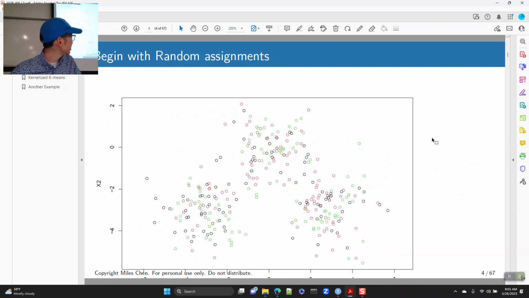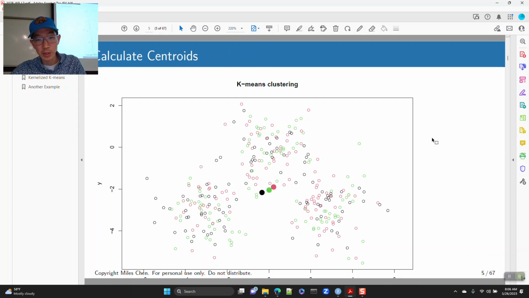But anyway, here's a little diagram, and then we'll search for 3 clusters. Here I'm starting off with random assignment of points. We could have used a different initialization algorithm and picked 3 random points and set those as centroids, but here I'll start with random assignment. When you do that, these are the 3 centroids that get calculated, and then we reassign points to whatever is closest. So poor green here, the only points closest to green are these 3 points.